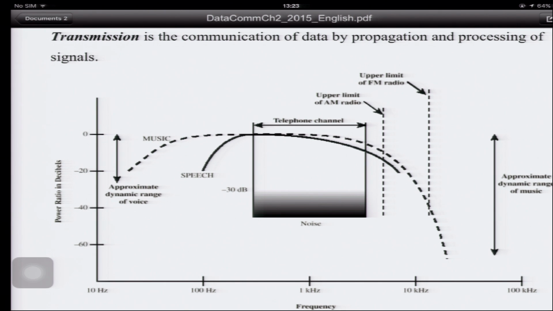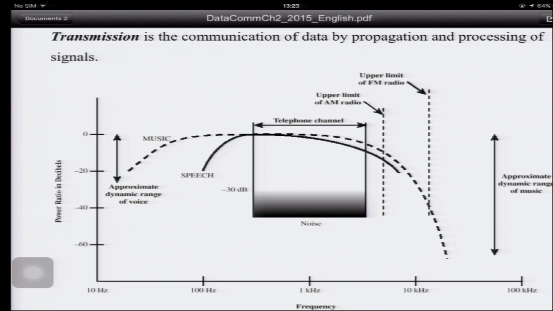However, the music in AM radio is not as beautiful as the music from FM radio. Because for FM radio, you can see the vertical dashed line on the rightmost, which is the upper limit of FM radio. It allows a larger range of frequency.